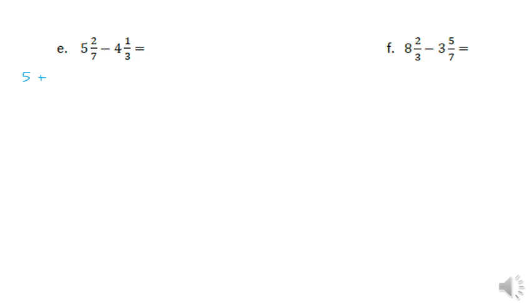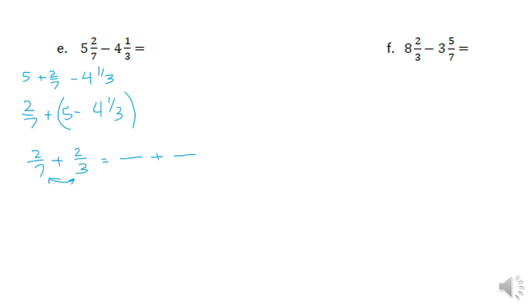Okay, for our next one, I'm going to start by decomposing. I have 5 plus 2/7 minus 4 1/3. And I'm going to rearrange it to 2/7 plus 5 minus 4 1/3, allowing me to subtract from the whole, which gives me 2/7 plus, and I'd have to add 2/3 to 4 1/3 to get to 5, so it's going to be 2/3.